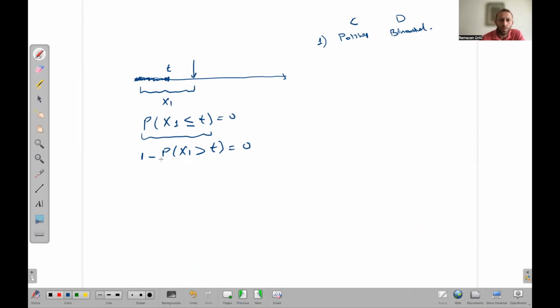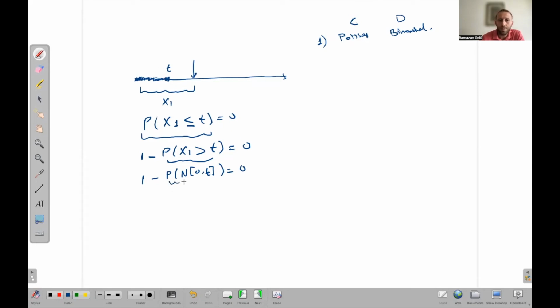Because I know this is actually 1 minus the probability that the number of successes between 0 and t is equal to 0. And I know that the location of that time interval is not important. The only thing we care about is the length of that time interval.